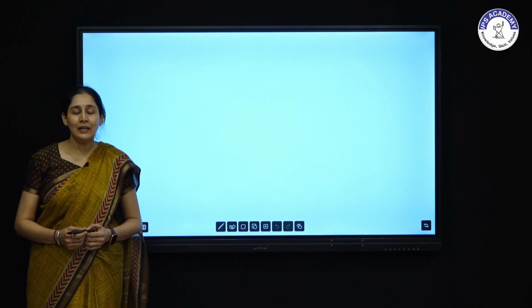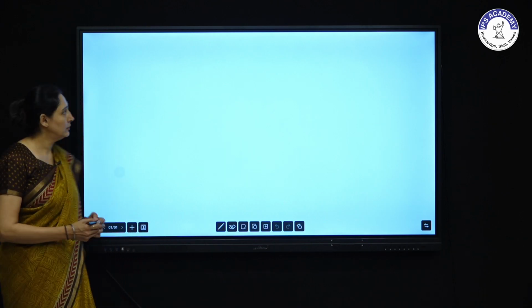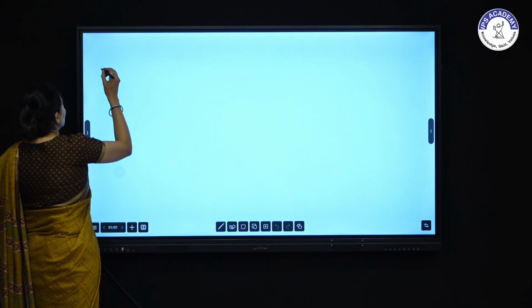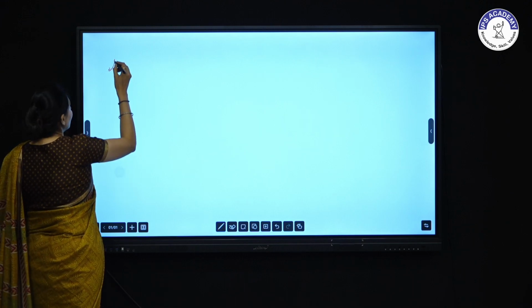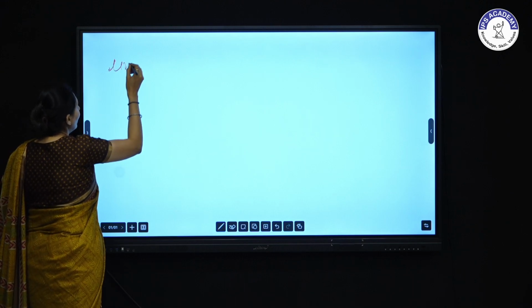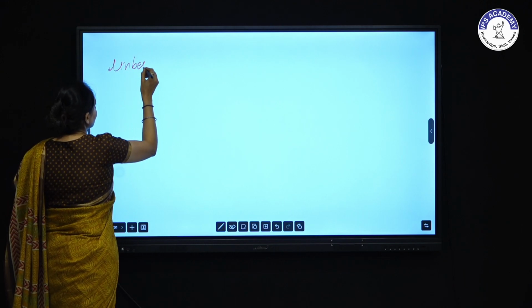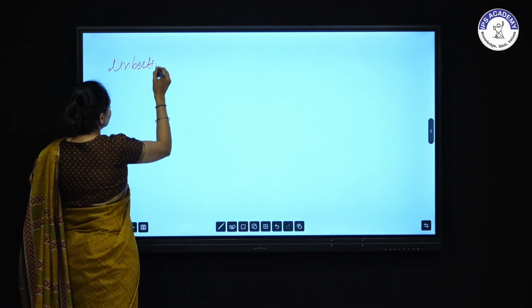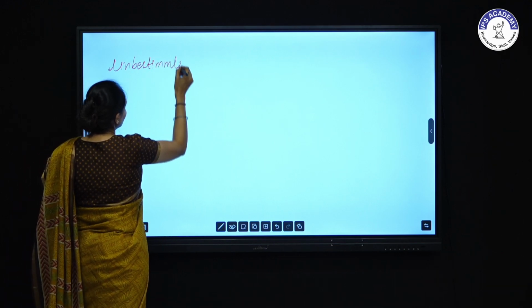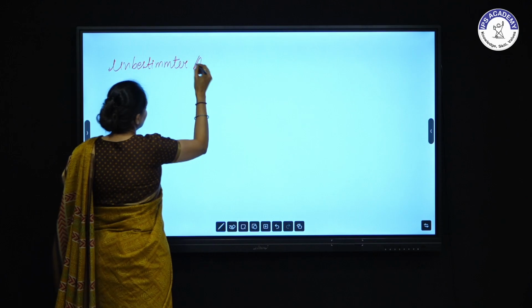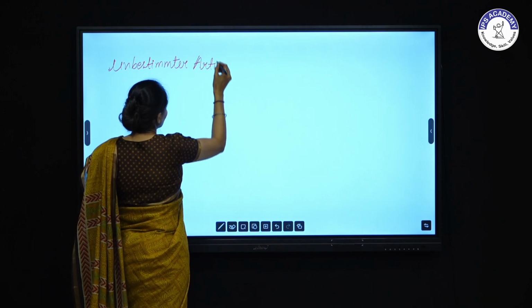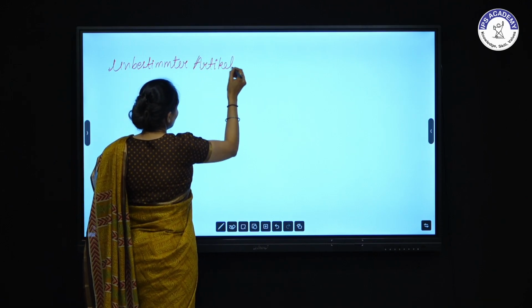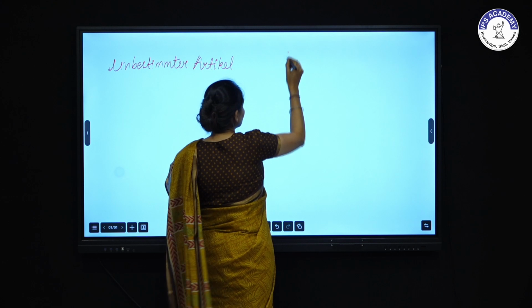Wir lernen die Artikel. Erstens, der unbestimmte Artikel. Was ist ein unbestimmter Artikel?